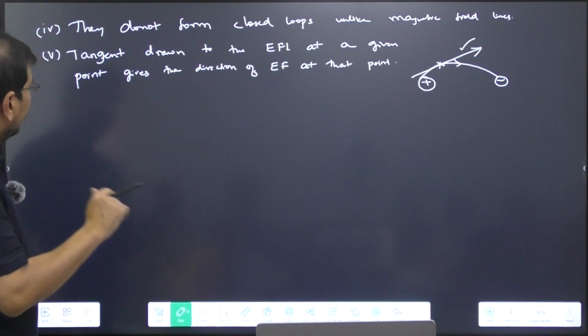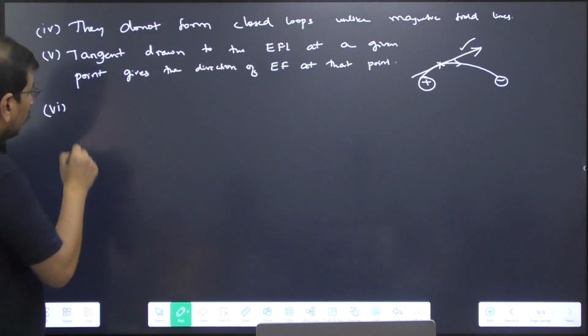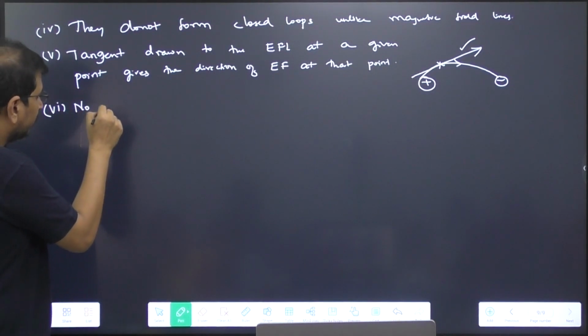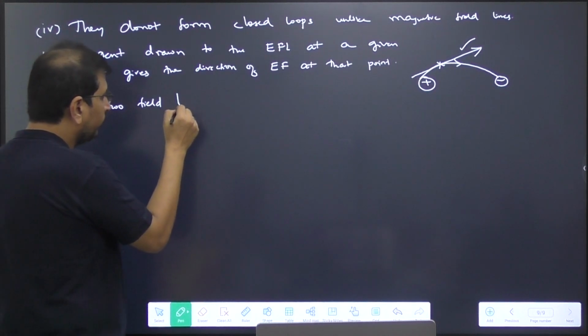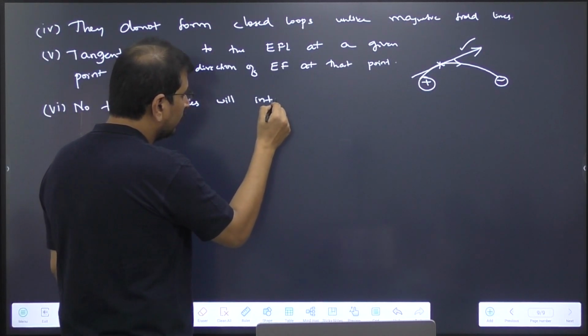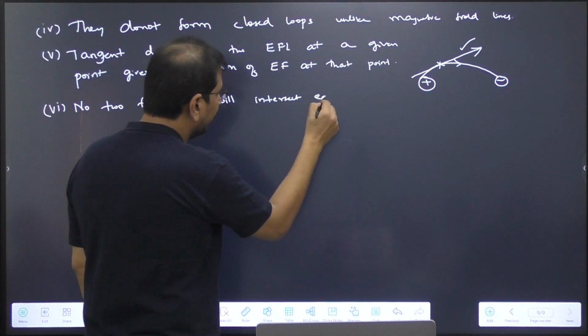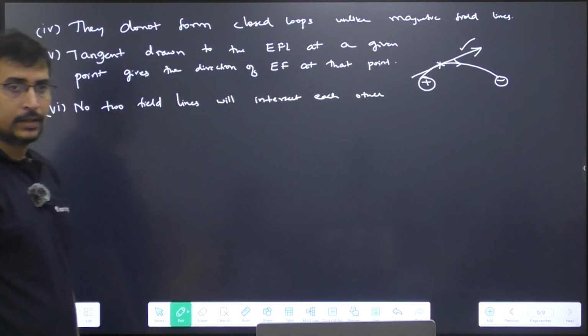Right? And the last point is, no two field lines will intersect each other. Why?